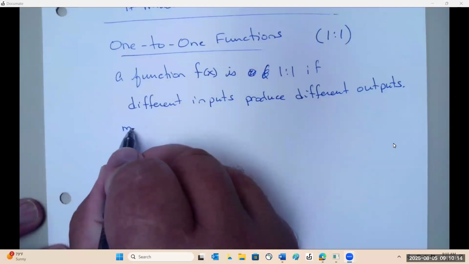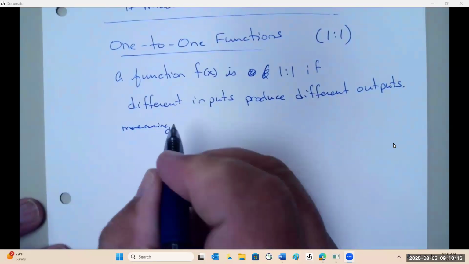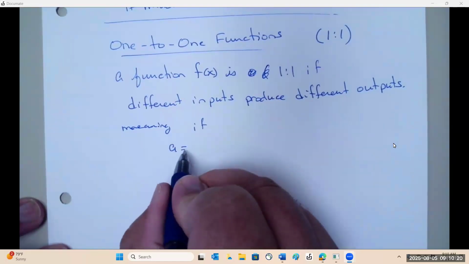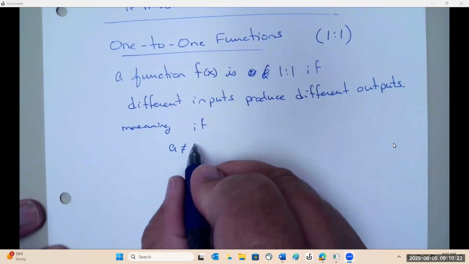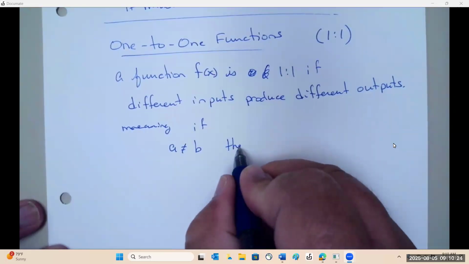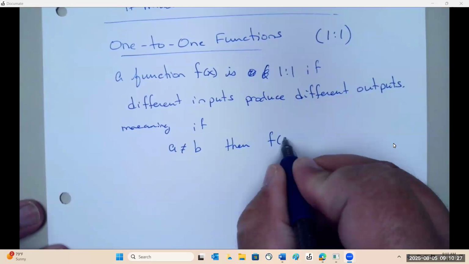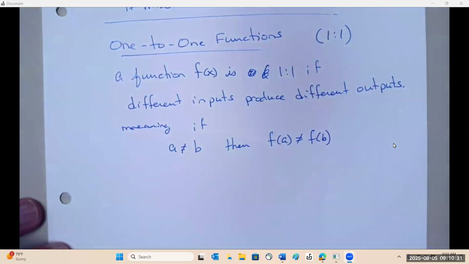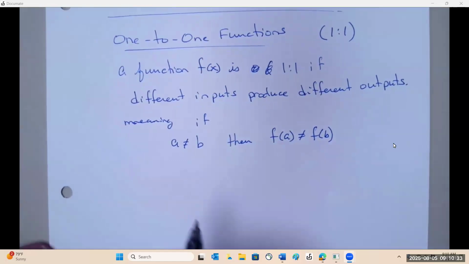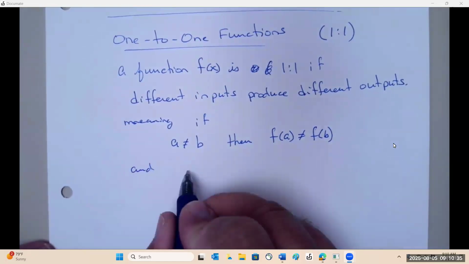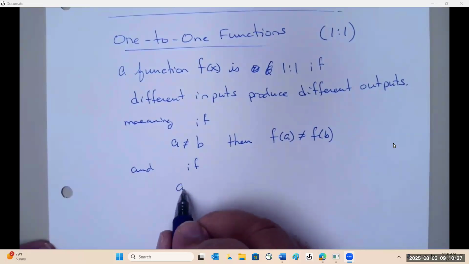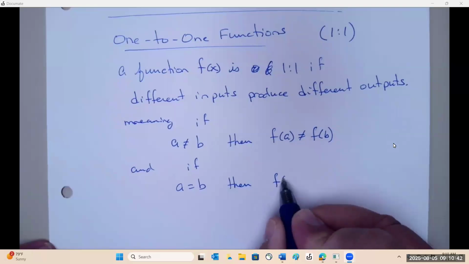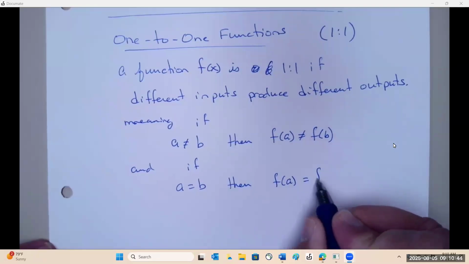Meaning, if A does not equal B, then f of A does not equal f of B. And if A equals B, then f of A equals f of B.